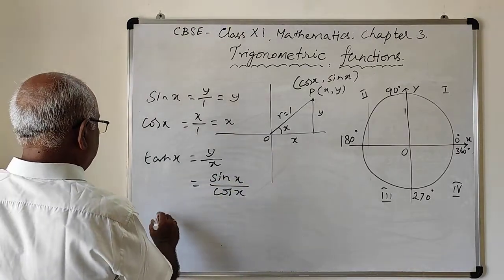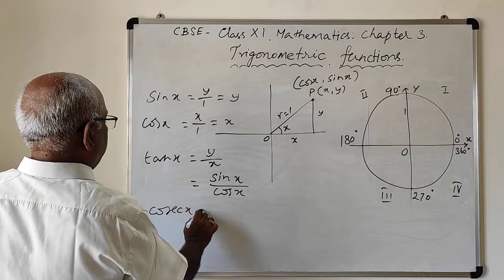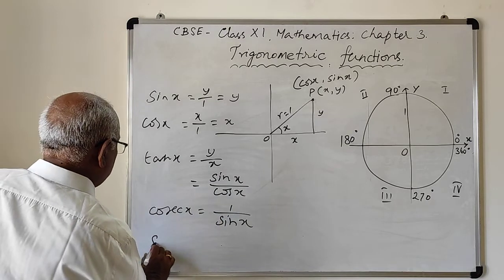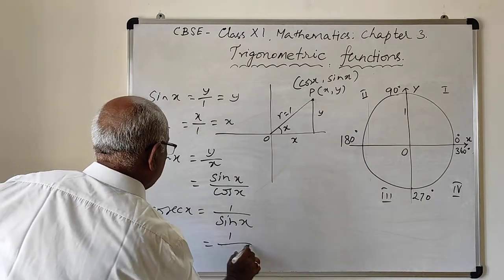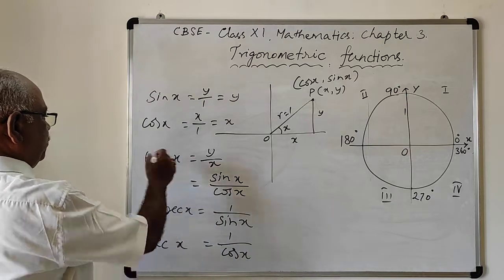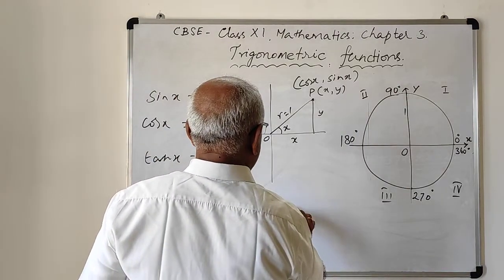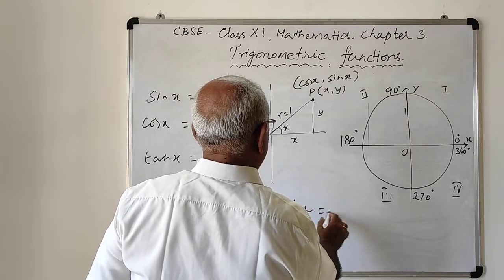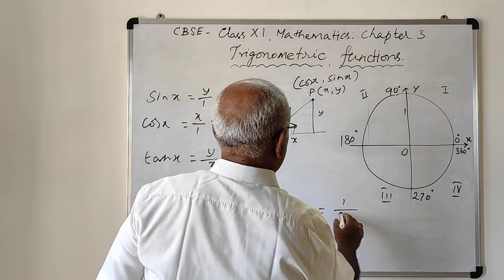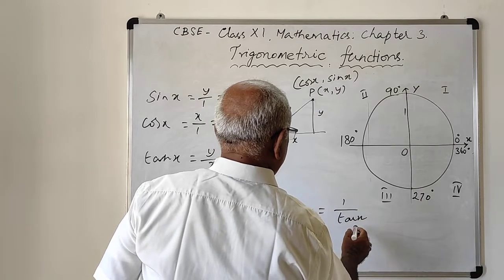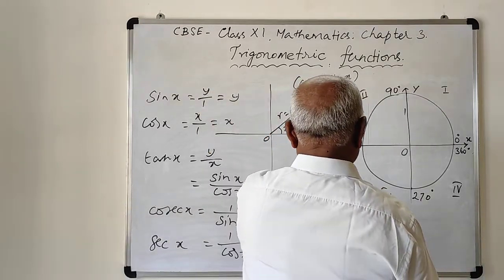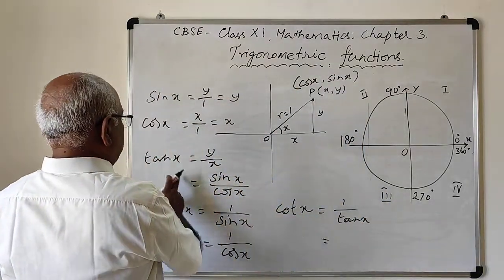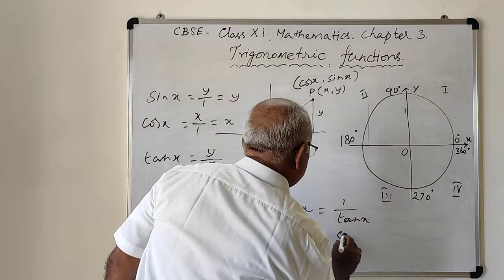And the reciprocal of sin x is cosecant x, which is 1 by sin x. And the reciprocal of cos x is secant x, which is 1 by cos x. And the reciprocal of tan x is cot x, that is 1 by tan x, that is equal to cos x by sin x.